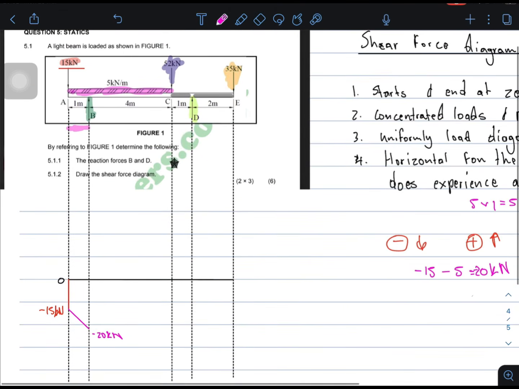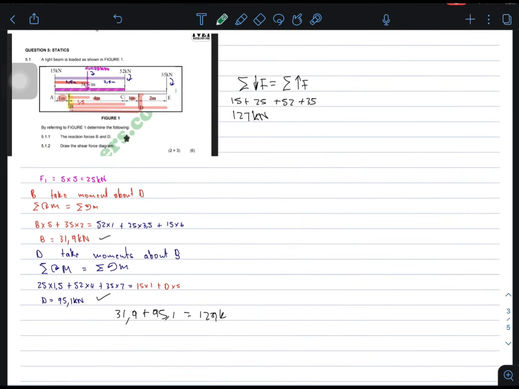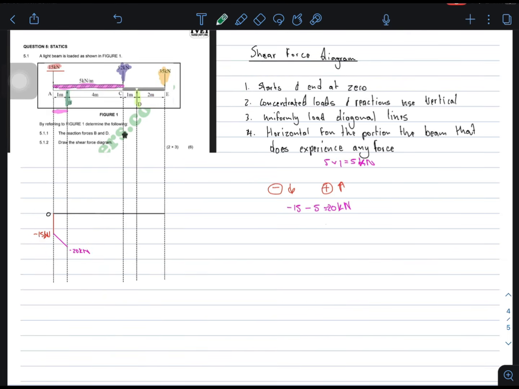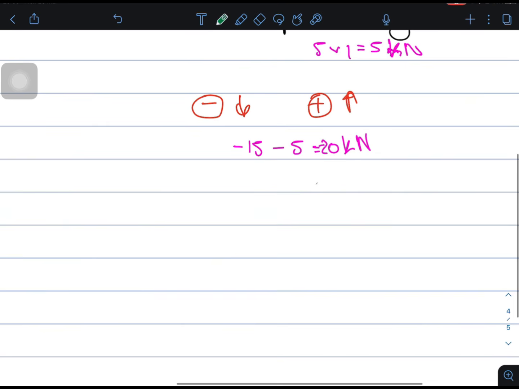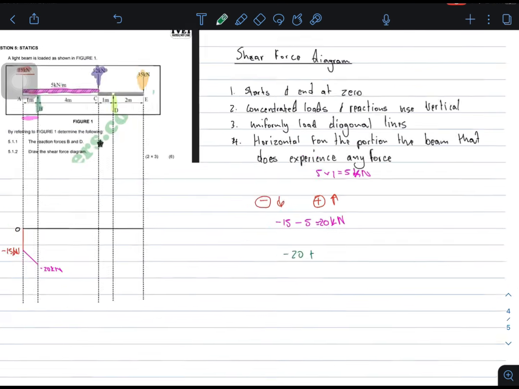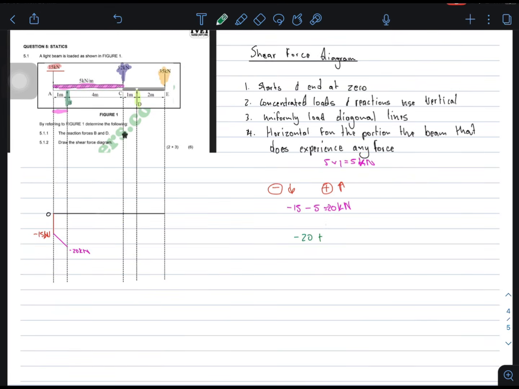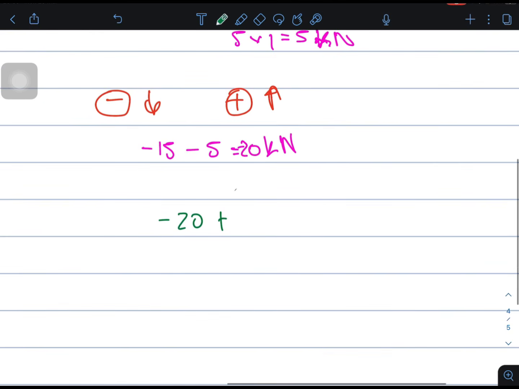Then I see that I have a reaction force, which is B, that is going upwards. I said I'm going to use green. What is that reaction force? It's 31.9 kilonewtons. So now I'm at negative 20 plus 31.9 kilonewtons. What is that value going to be?